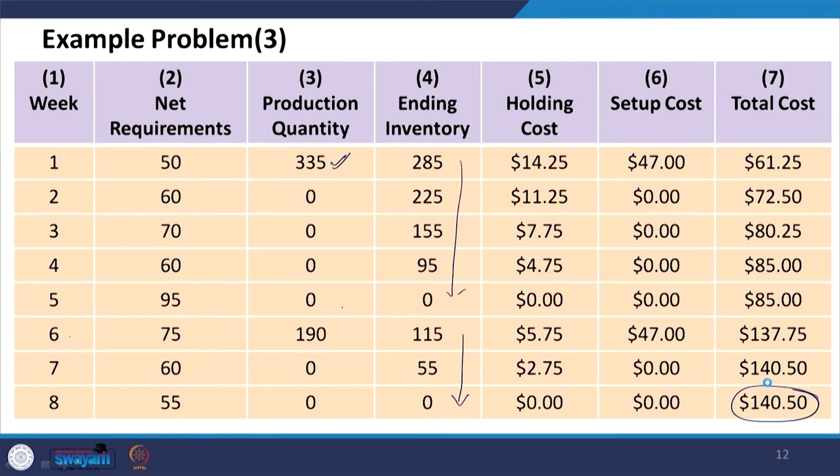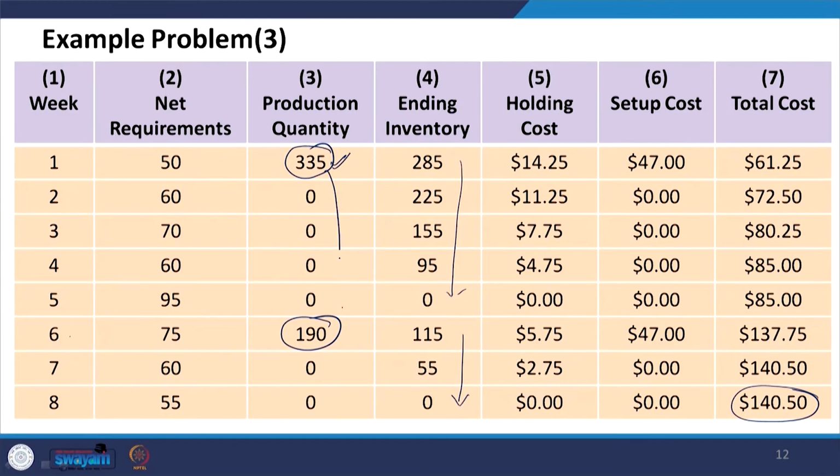So, you see LOL has the maximum cost, then EOQ is a better method than that, and now we are using the dynamic method, because in EOQ each time you were giving the same quantities, but here these are dynamic. Every time you may have a different order quantity, and therefore you try to reduce your inventory cost further.